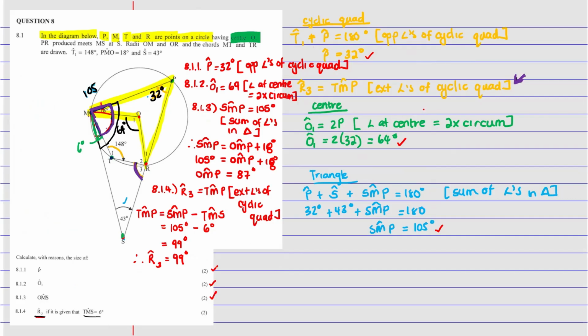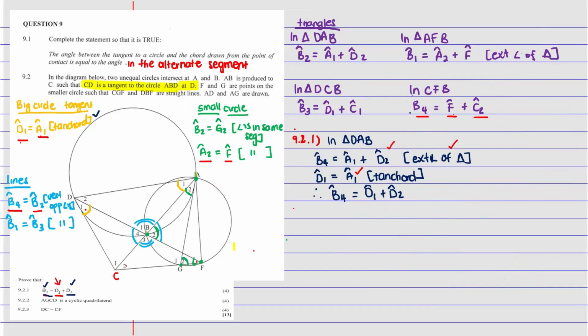One is for the value of P, and the other mark is for the statement. In this case it's the same thing: you connect this to saying that angle B4 is equal to A1 plus D2, and you say that it's an exterior angle of a triangle. That's 2 marks because one is a statement and the other is the reason behind it. Does that make sense?